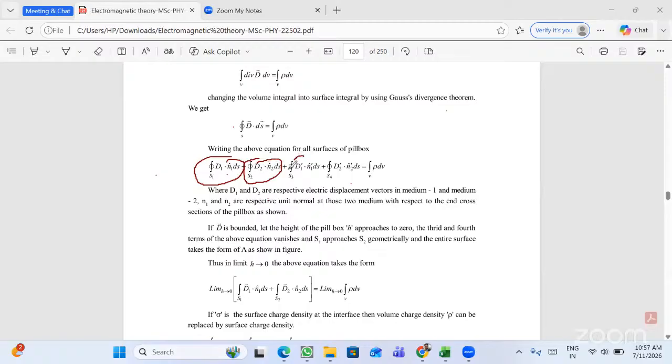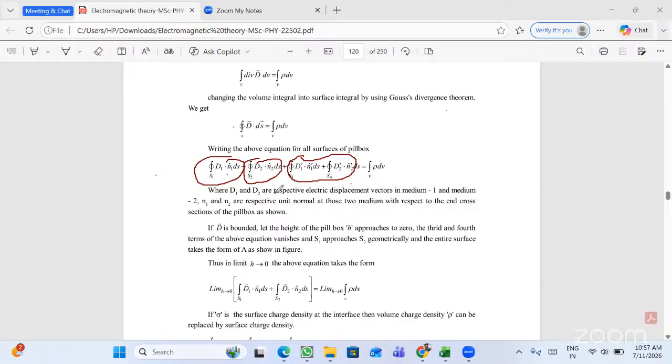Similarly for S3 and S4, this is what we have written: D1 dash dot N1 dash, and similarly D2 dash and N2 dash. D1 dash and D2 dash are used because this is the interface converting from one medium to another.